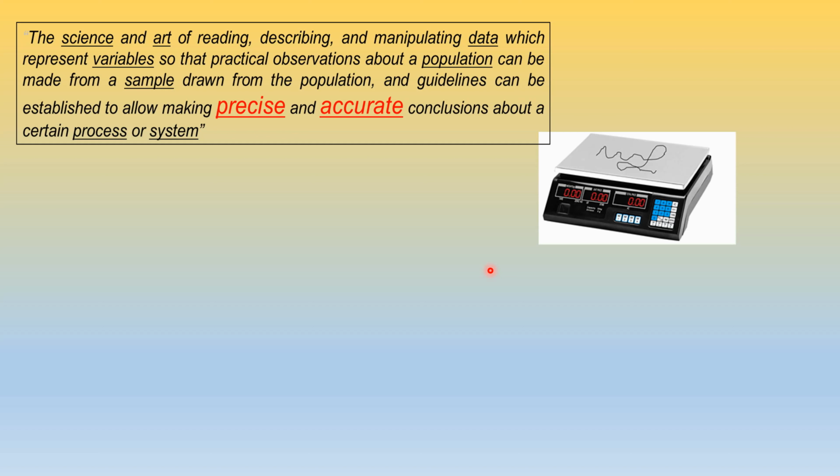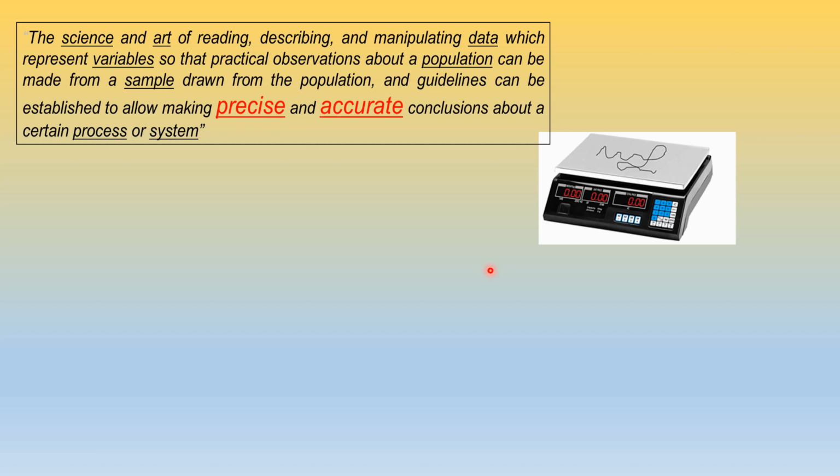So now we have two new terms, precision and accuracy. People use these terms interchangeably all the time without realizing that these are two fundamentally different terms. So what is precision and what is accuracy?